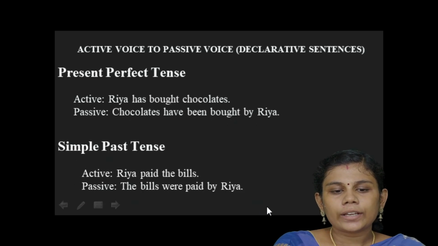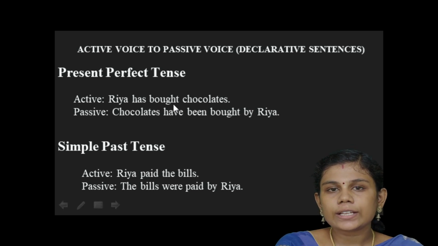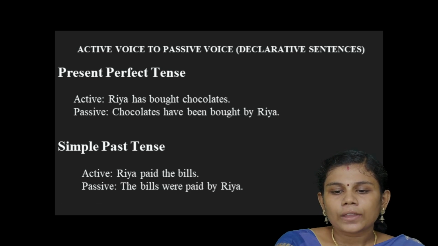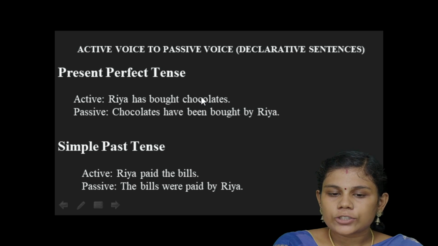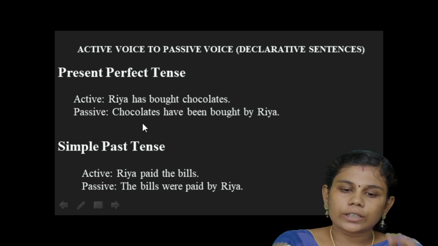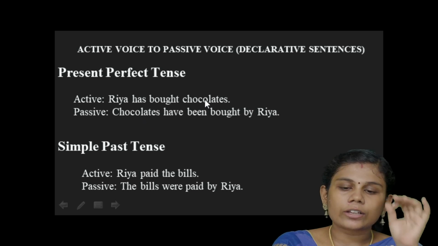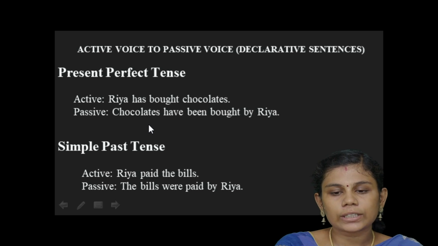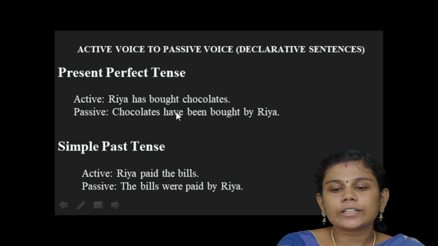Like that only. Here, present perfect tense: Ria has bought chocolates. Has bought indicates the present perfect tense. So chocolates should take the place of the subject. That means in active voice it plays the role of the object, and now it comes in the position of the subject, and has bought should be changed into have been bought, because chocolates is a plural noun.